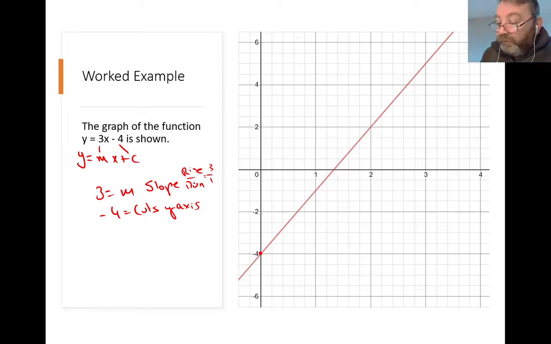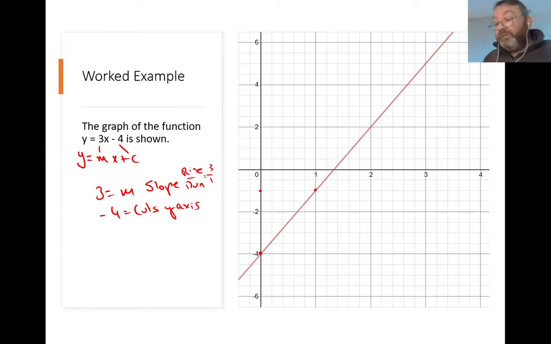And what I could do is the following. From that point of intersection with the y-axis, I can bring in the slope. Rise up 3 units. Okay, so let's go up 3 units. That's going to bring me up to minus 1. And then let's run out 1 unit, which will bring me to there. So in other words, there's enough information in the equation itself, what we call the slope-intercept form, to actually graph the line. And that's what we've done there.